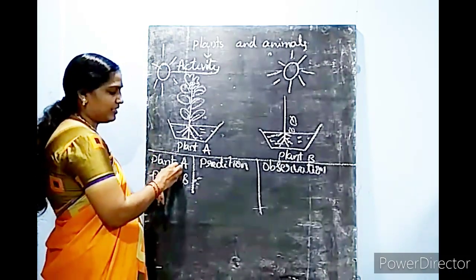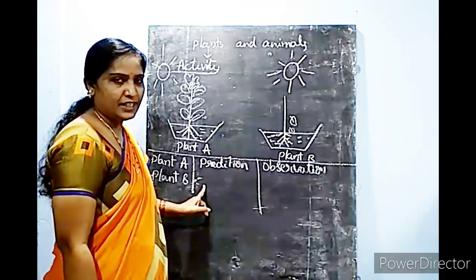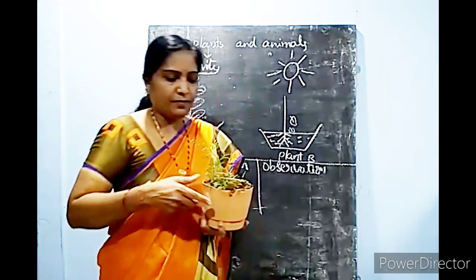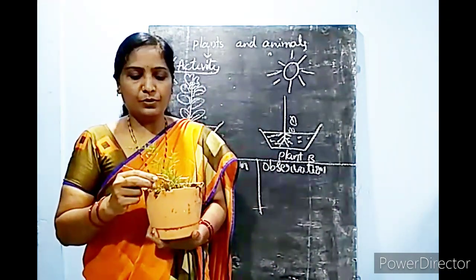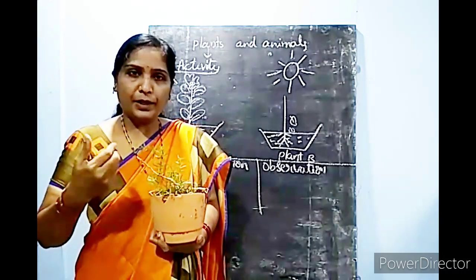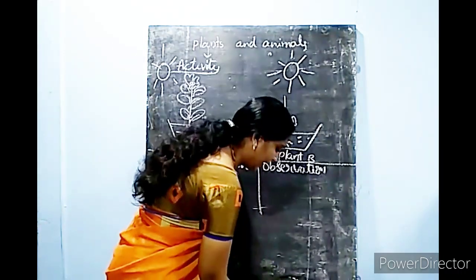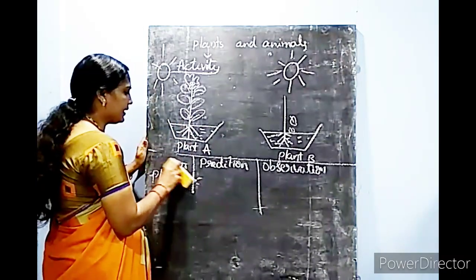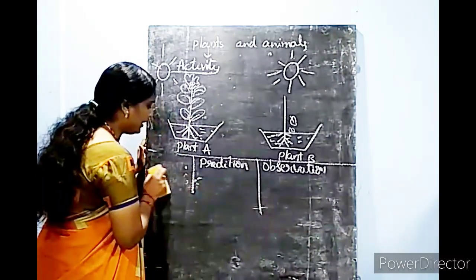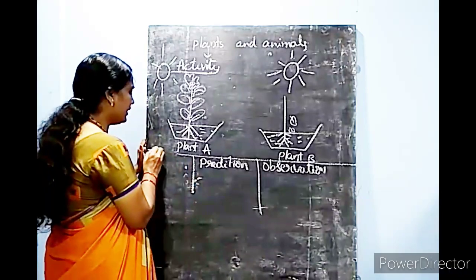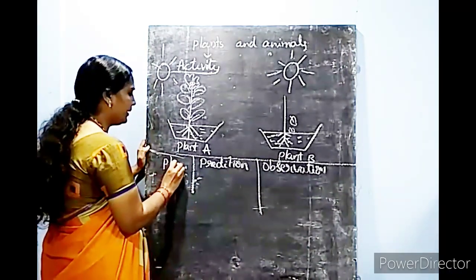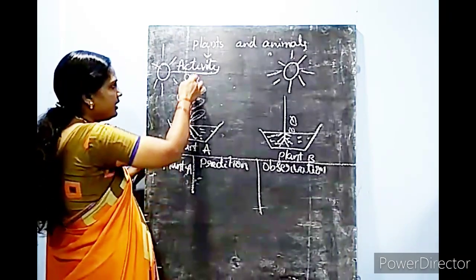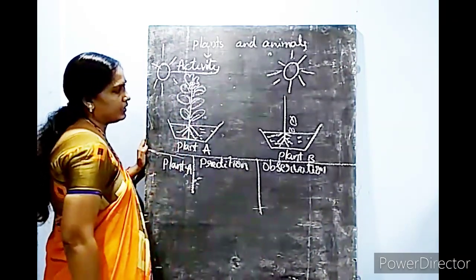In plant A, your prediction: is this plant alive? No. If we pluck all the leaves from a plant, the plant may die. This is the prediction. Plant A, here all the leaves are there.